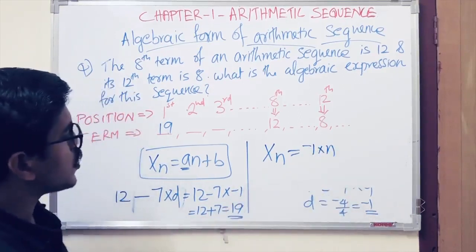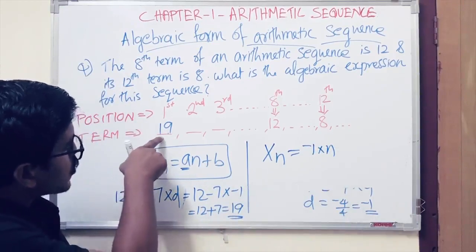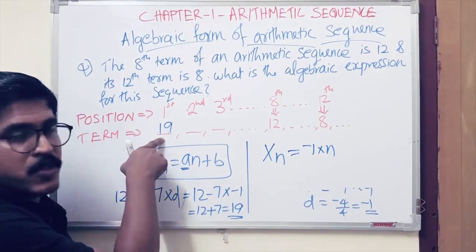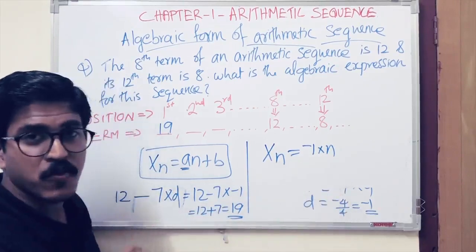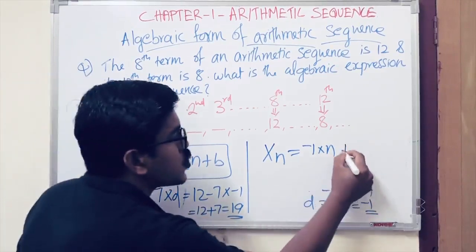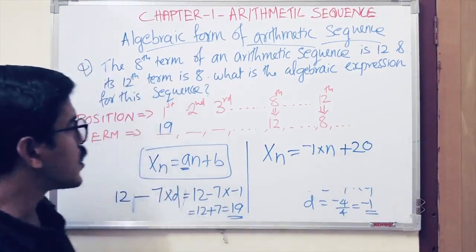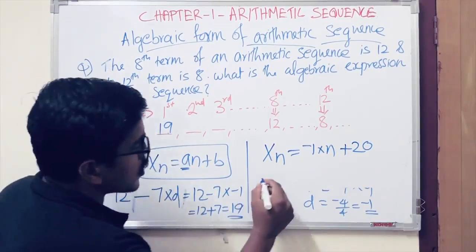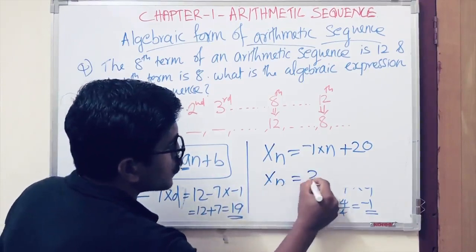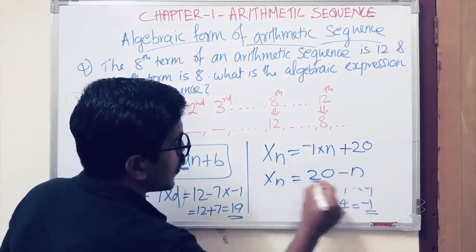Now we need to check it. We need to get the first term as 19. If you are putting n equal to 1, minus 1 into 1 is minus 1. So if we add 20, we will get the first term as 19. Now we can rewrite this as xn equal to 20 minus n.